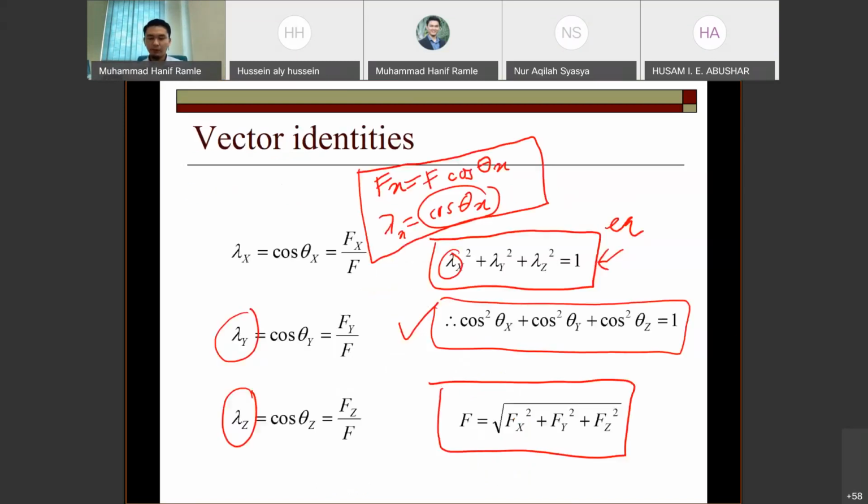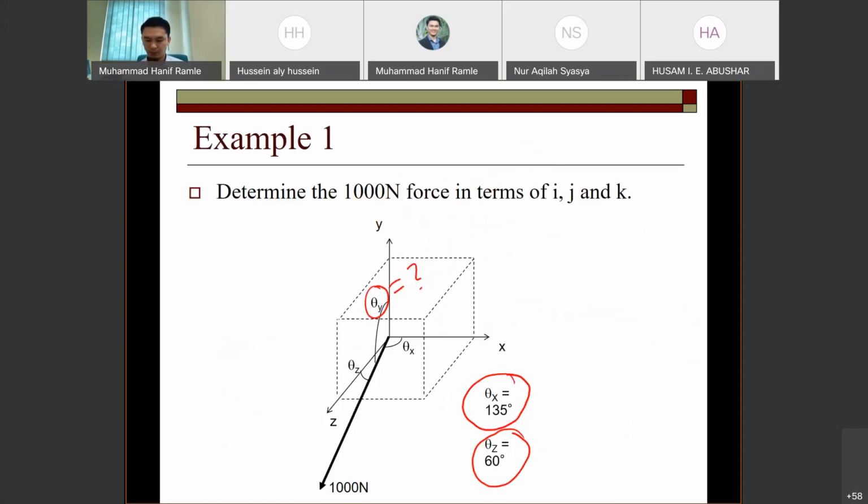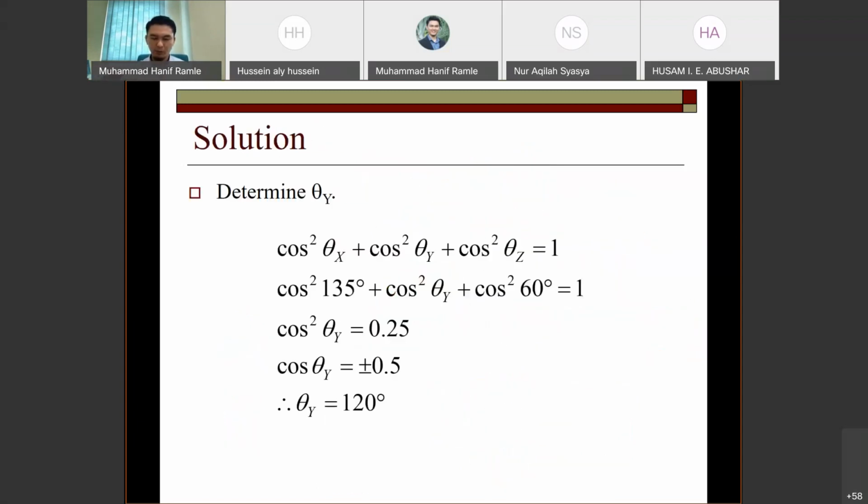You have to use these identities. You substitute the given values into this equation and you will get theta y on the spot. You substitute the given angles 135 and 60 into the equation, and you will get theta y.